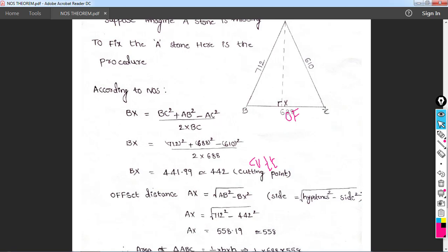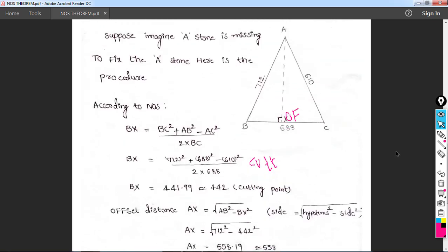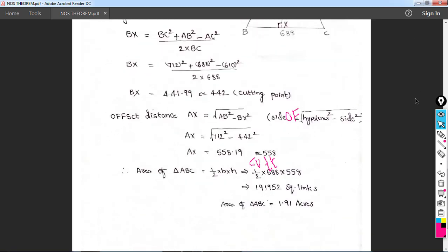After that, we need to send a person towards the A line, and run the line along X and A with a length of AX equal to 558. We run the chain from X for 558 links, and the point where the 558 links come is the point A. By this we can fix the A stone.